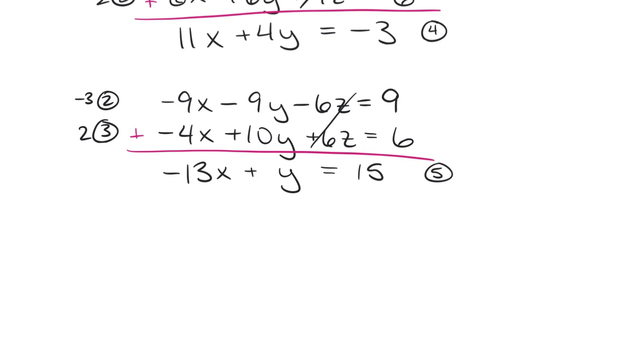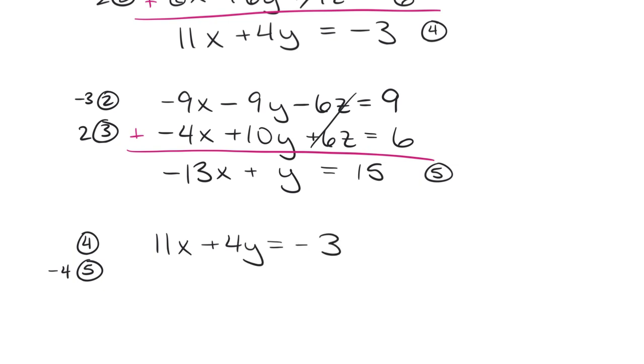Negative 4. So what I'm going to do now is take equation 4 and multiply the fifth equation by negative 4 so that the y's cancel out. So we write down 11x plus 4y equal to negative 3.